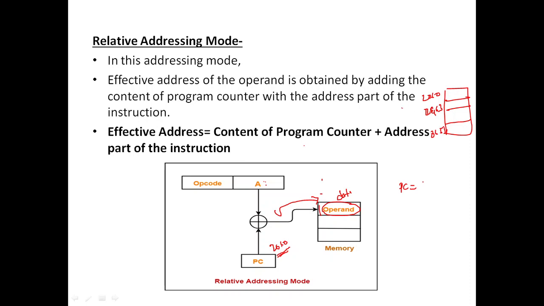Now the CPU is currently executing 2363, in the sense, the program counter here, 594. This is the data.